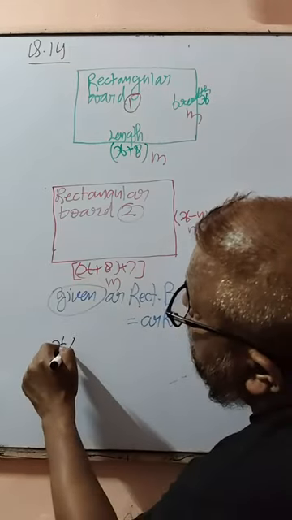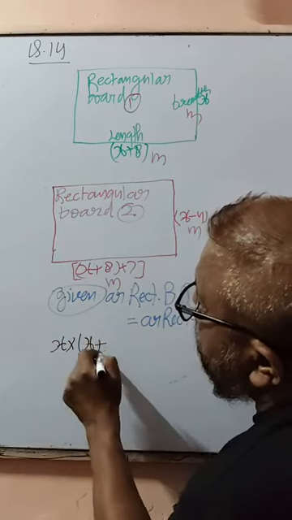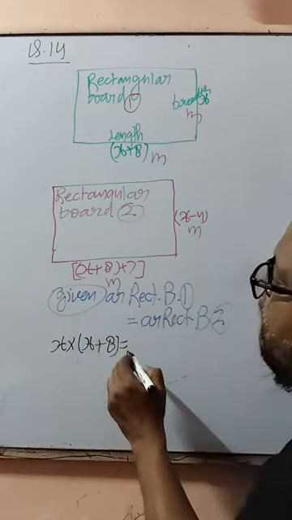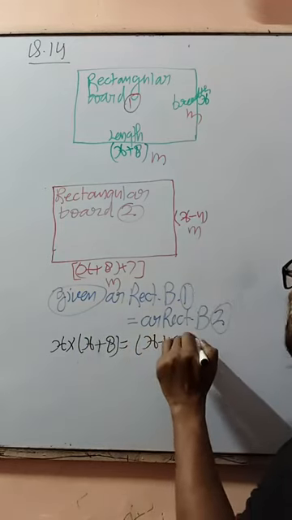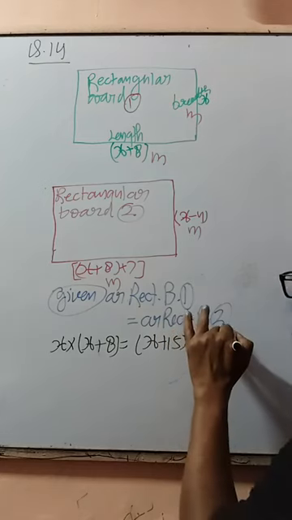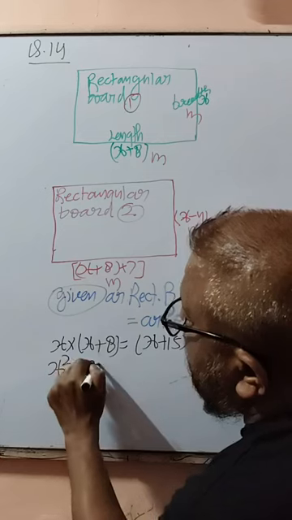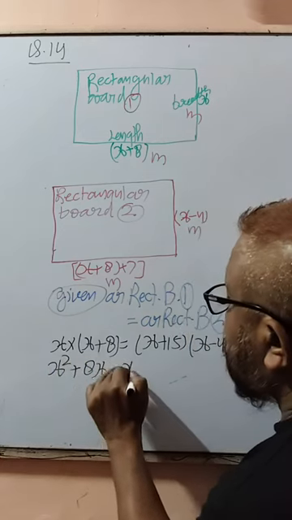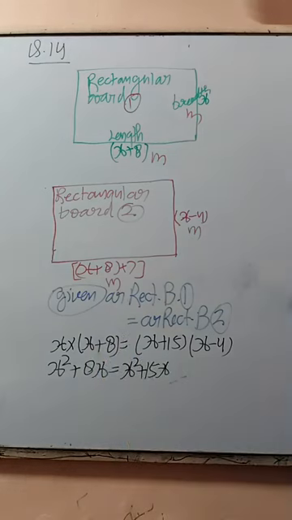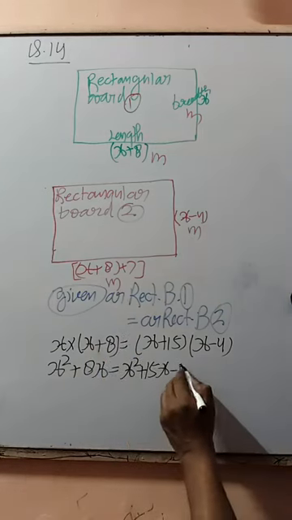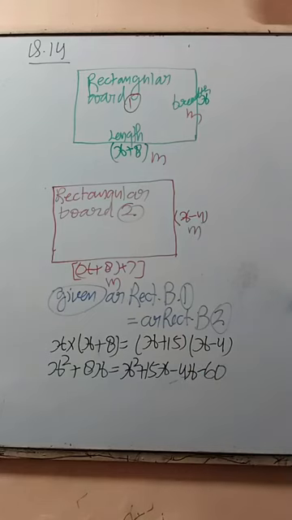x into x plus 8 is equal to x plus 15 into x minus 4. So it is x square plus 8x is equal to x square plus 15x minus 4x minus 60, right?